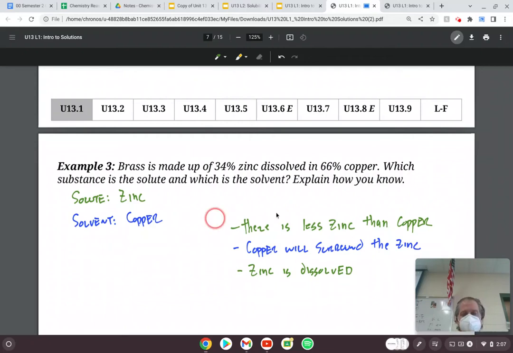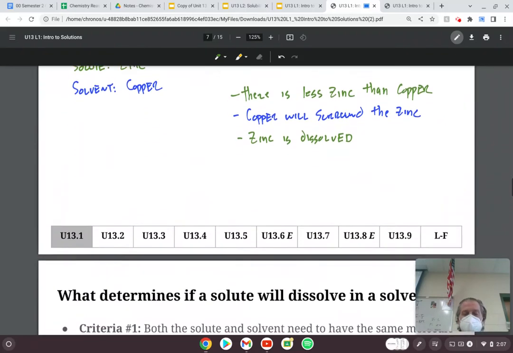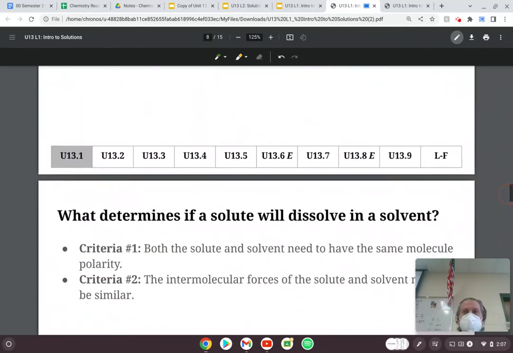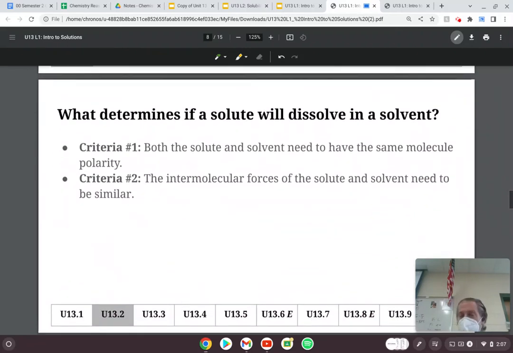Now that we have practiced identifying solute versus solvent, we're going to talk a little bit about what determines if something will dissolve. What if it's something like pancake mix?